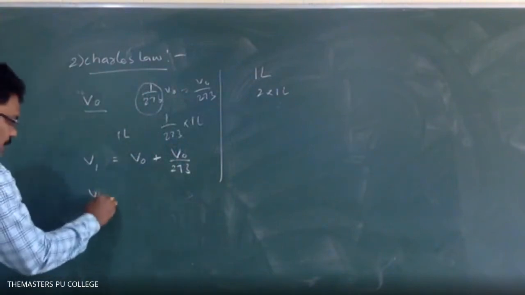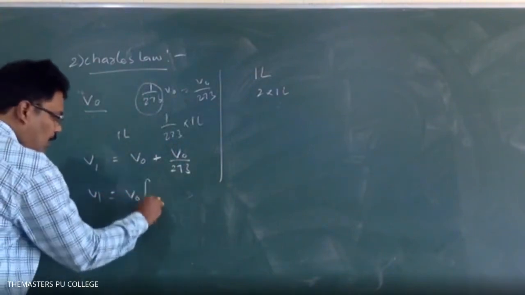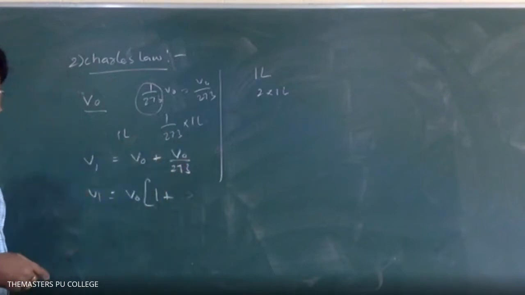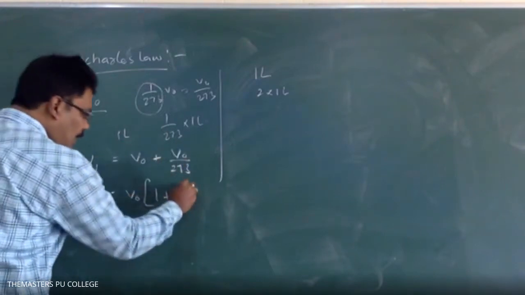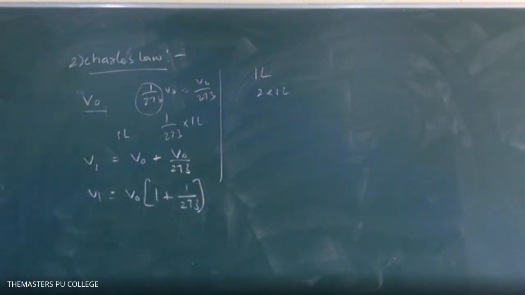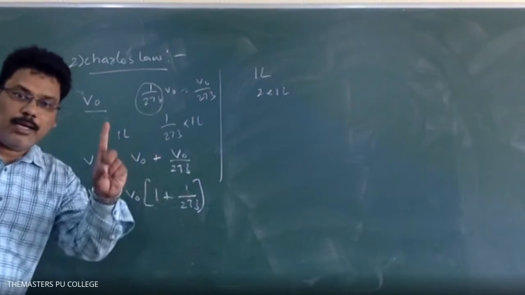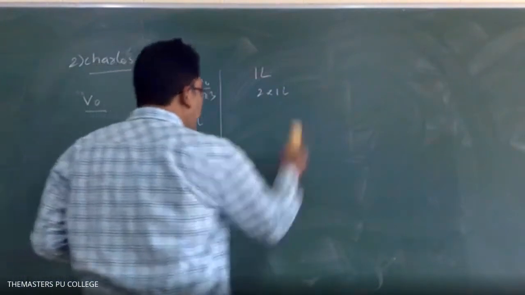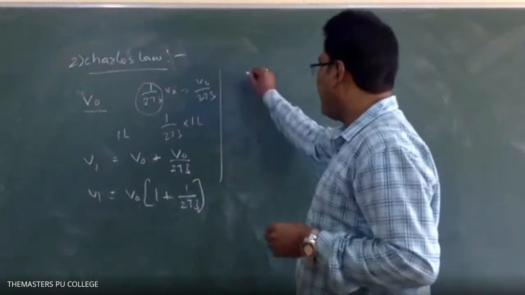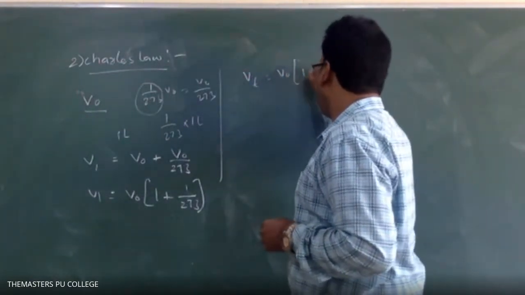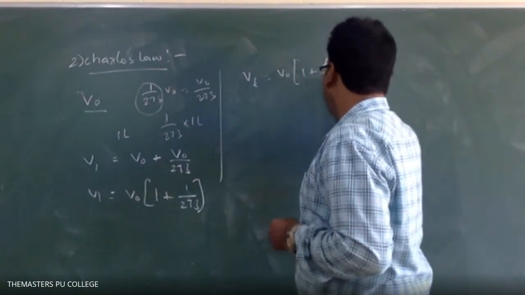V1 is equal to V0 plus V0 by 273, taking the common factor in both: V0 into 1 plus 1 by 273. This is for only 1 degree Celsius increase. If it is T degree Celsius, then how can we write? Vt is equal to V0 into 1 plus T by 273.